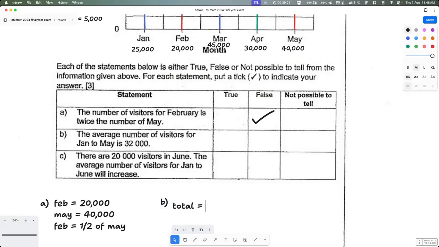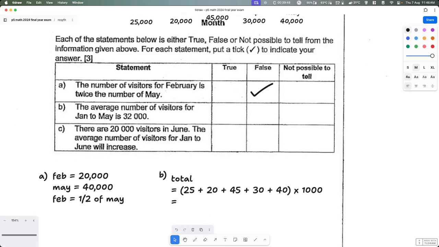So total. So I'm going to do this on a sheet. Since everything is in thousands, I'm just going to use the two numbers before the thousand. So 25 plus 20 plus 45 plus 30 plus 40. Okay, and then we multiply this by 1000. All right, so now we will just add all of them up.